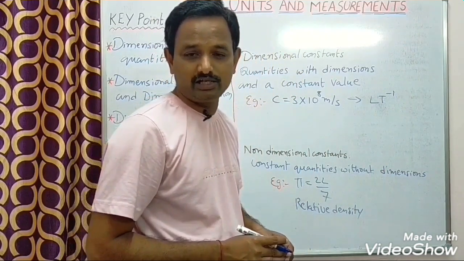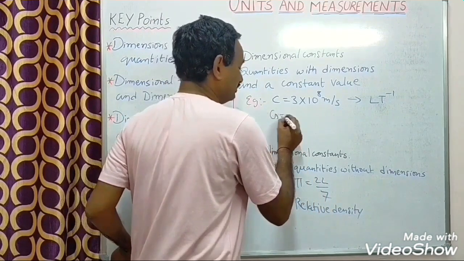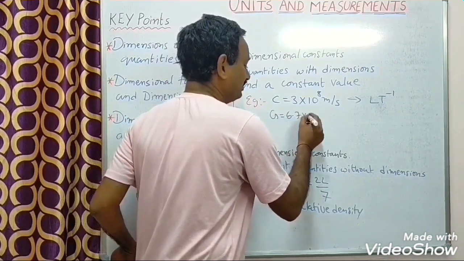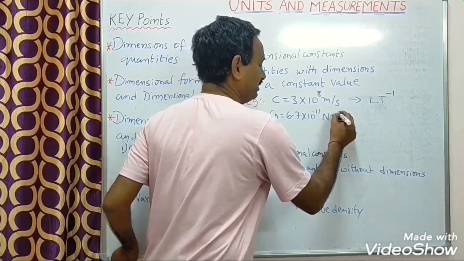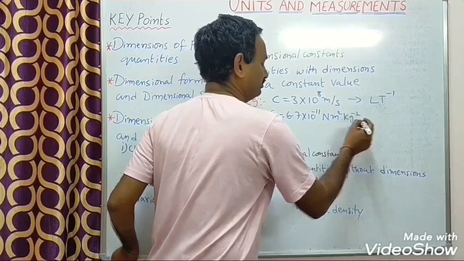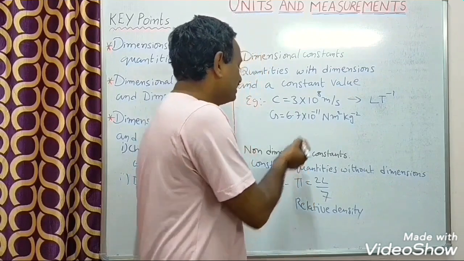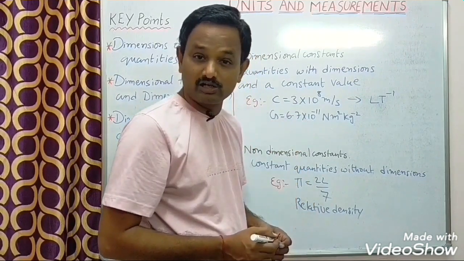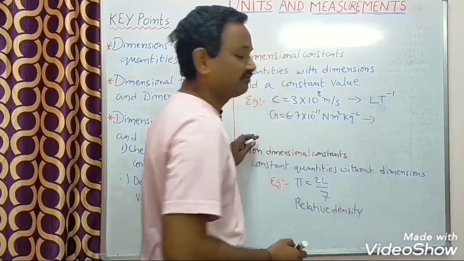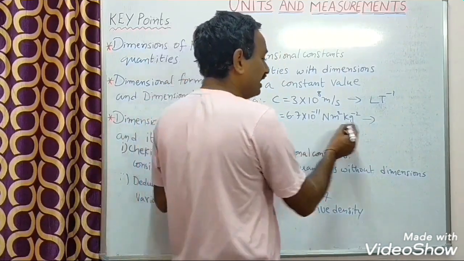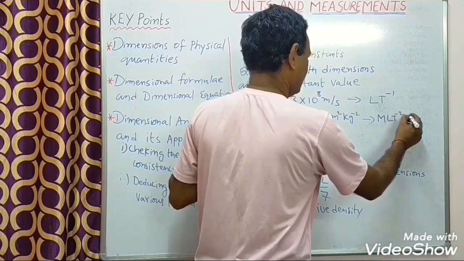In the same way, you can take the universal gravitational constant, that is G equal to 6.7 into 10 power minus 11 Newton meter square kg power minus 2. Here the universal gravitational constant has a constant value and also has a dimensional formula. For Newton, I can write MLT power minus 2.